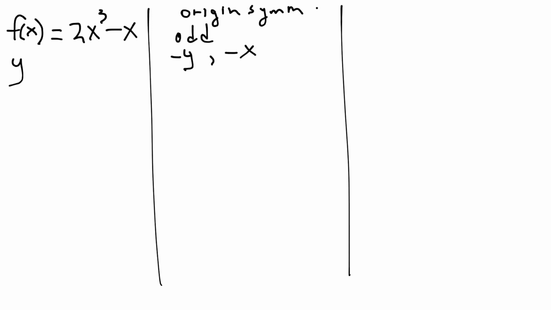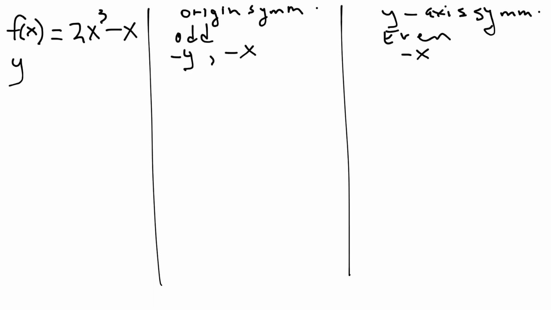Then we're going to check for y-axis symmetry. If it's symmetric about the y-axis, it's an even function. The way that we check for y-axis symmetry is to replace x with negative x and simplify.